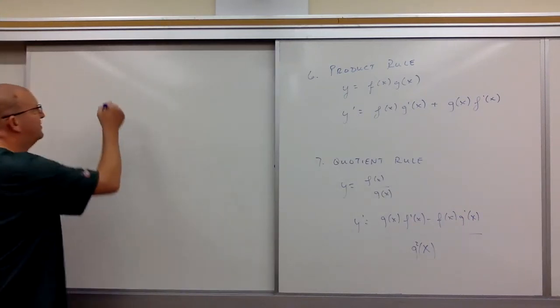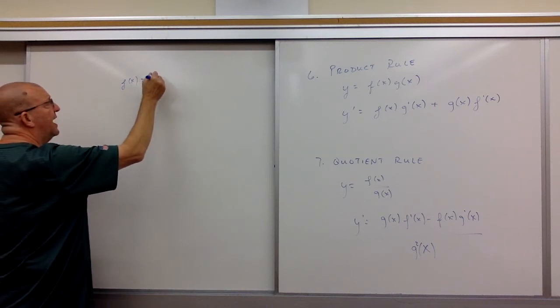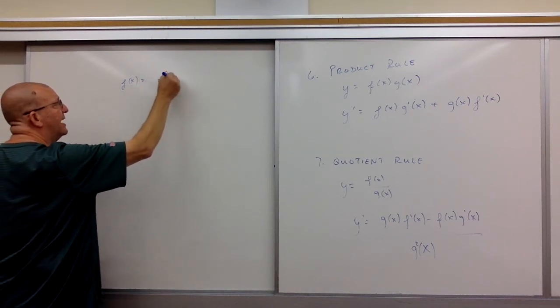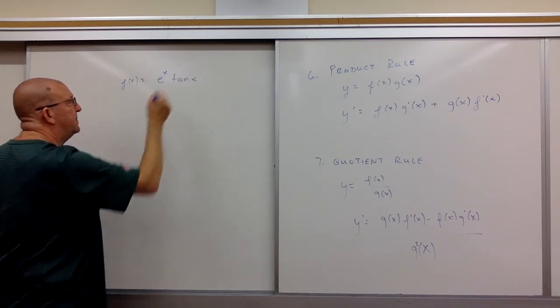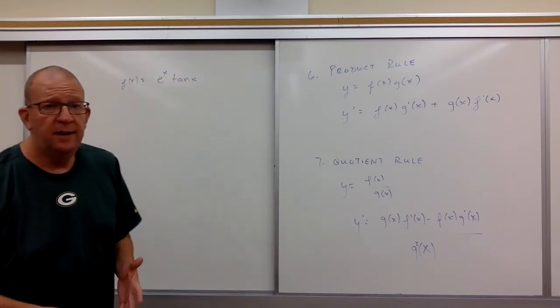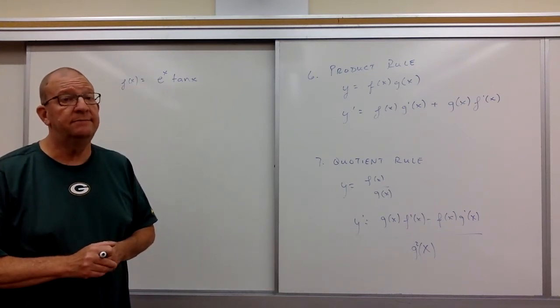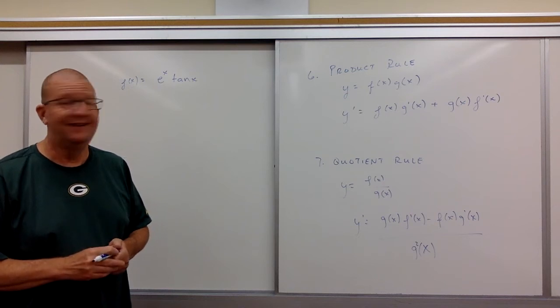So let's say we had f of x is, say, e to the x tangent x. Now, I didn't list e to the x in my rules, but you should know that the derivative of e to the x is e to the x. Okay?